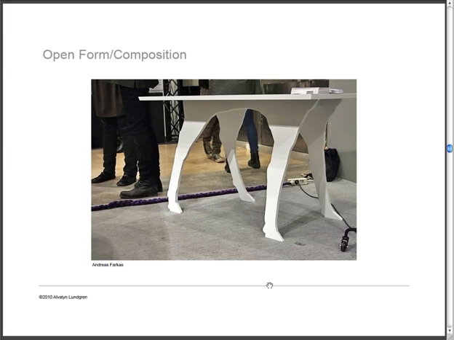Open form or open composition is another spatial device that helps us create volumetric illusion. This is a photograph of an interior architecture trade show over in Sweden, and of course it's highlighting what they call the bull table or the cow table, and you can see that the legs of the table are somewhat bovine-like.